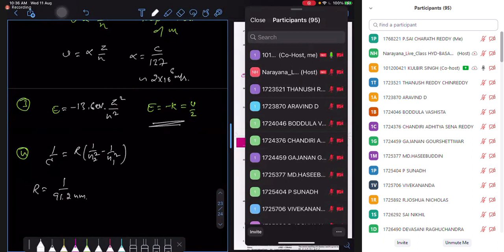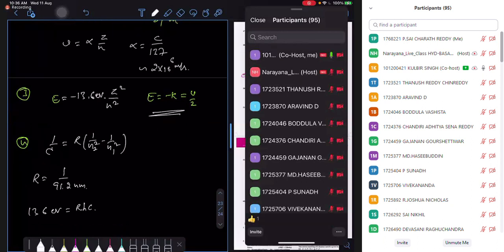It also has a relation: 13.6 electron volts is equal to RHC. So these are other useful relations in problems, and it is much helpful. Anything related to the wavelength, you can use R as 1 by 91.2 nanometers.